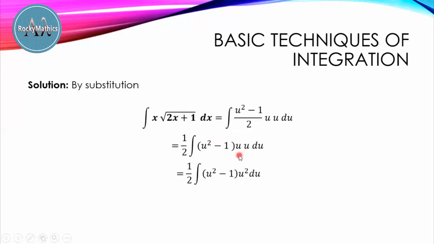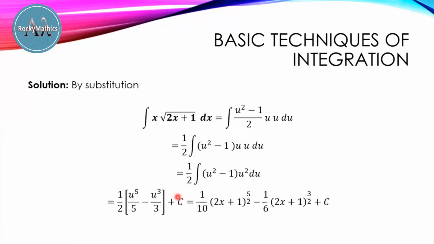So simplifying, since u times u is equal to u squared, this one becomes this expression. So moving on, we have this. Now take note that in the integral of this whole expression, u squared times u squared is u raised to 4, right?